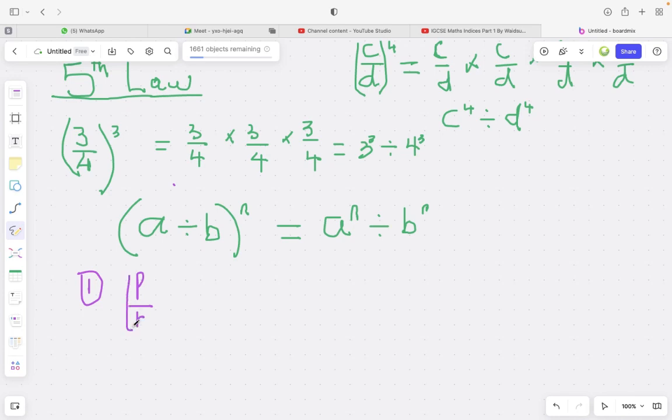Both of them raised to the power of 7. Okay, this is simply just saying individually P to the power of 7 over R to the power of 7. Okay, there's nothing more to do. You raise individually, you break it down individually. Then your job is done for this case.